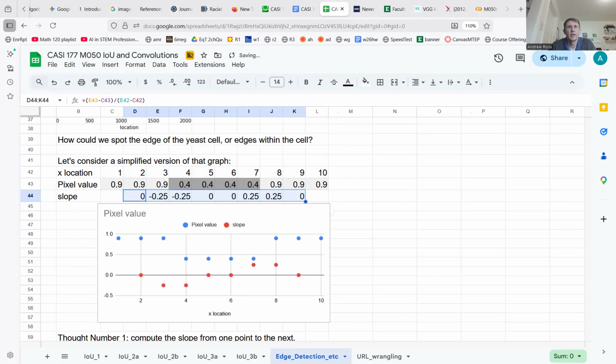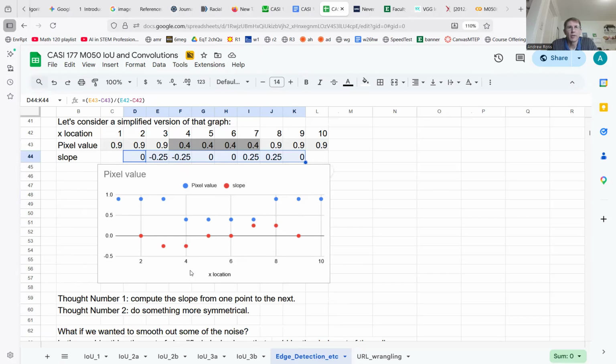And now we're getting, again, 0 slope when we're in the dark region or in the light region, but at the edge, we're getting an equal size signal both before we step into the dark region and once we're in it. And the same thing on the way out. So symmetry is nice every now and then.